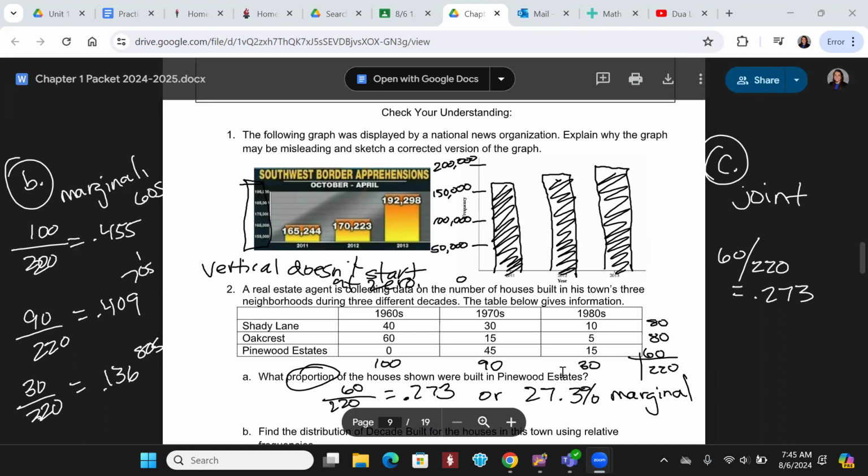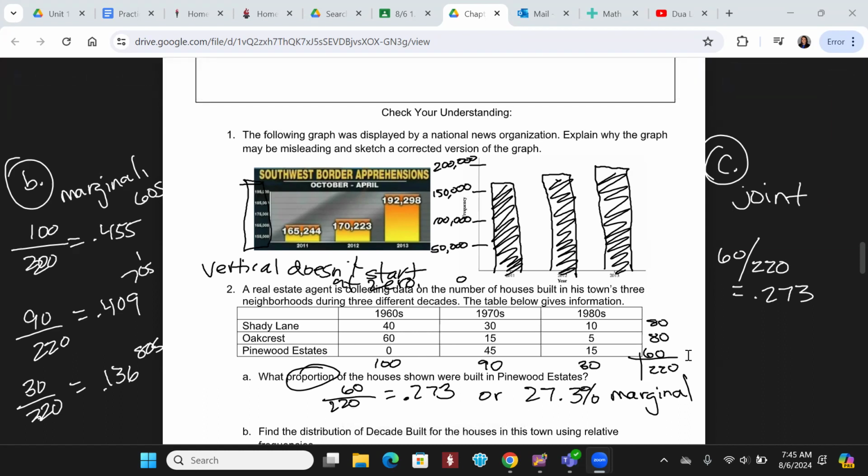Then you look at, what is it talking about? It's talking about Pinewood Estates. We look at the total, that's 60 over the total number, which is 220. Is that marginal, joint, or conditional? Marginal. Okay. You have to write that down. I would label it because you should be comfortable with those terms.